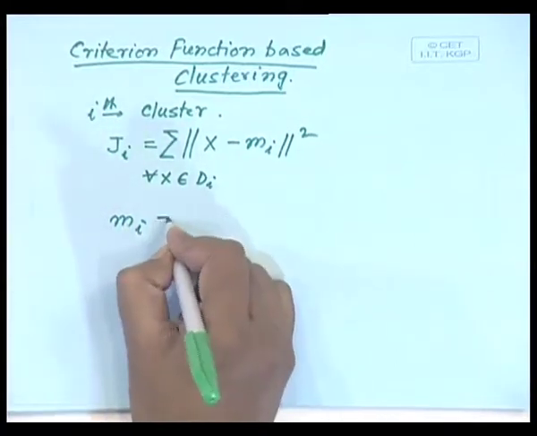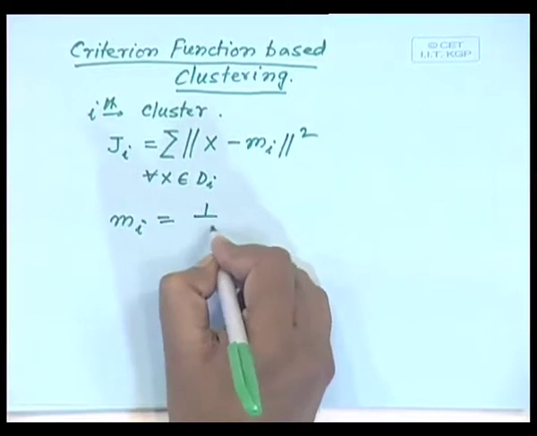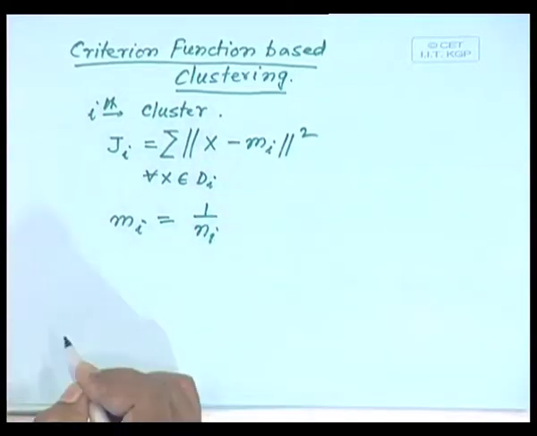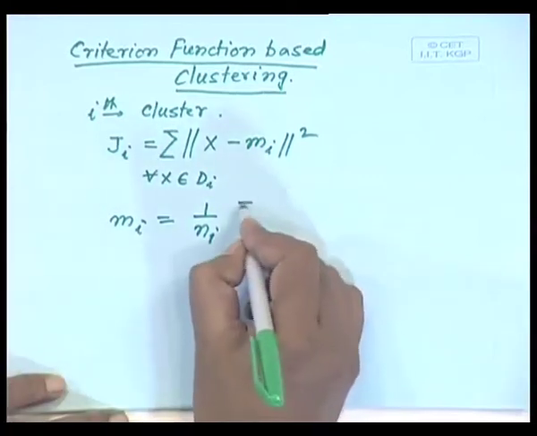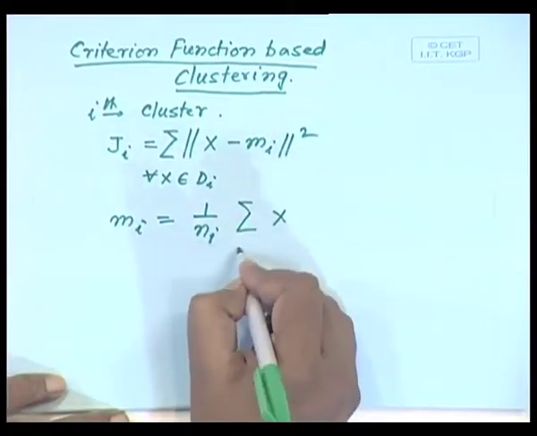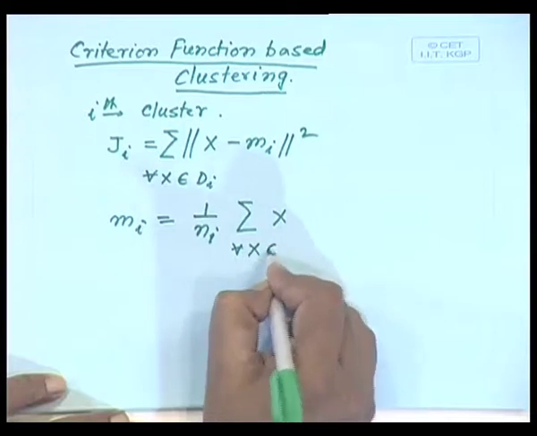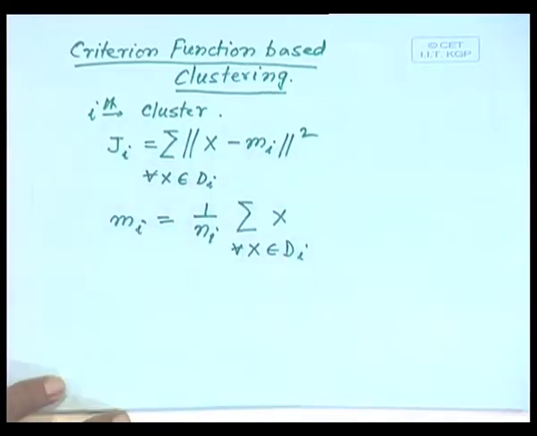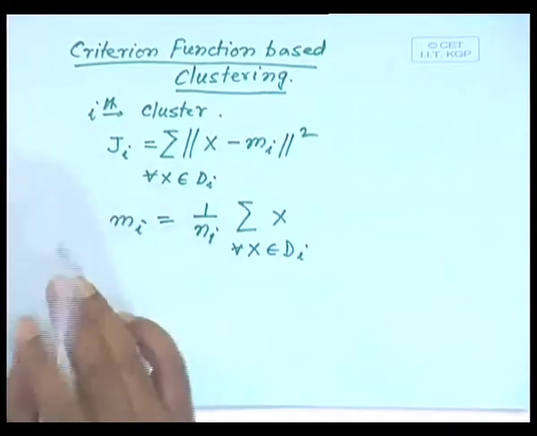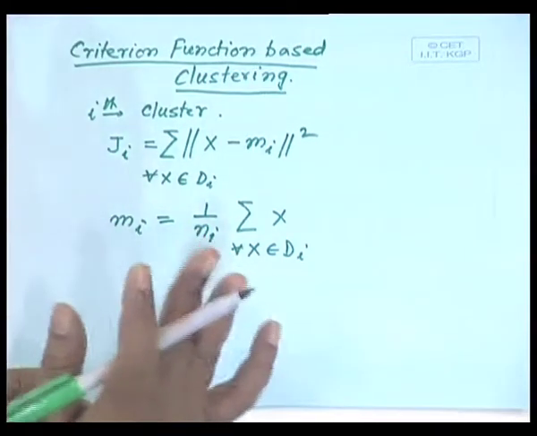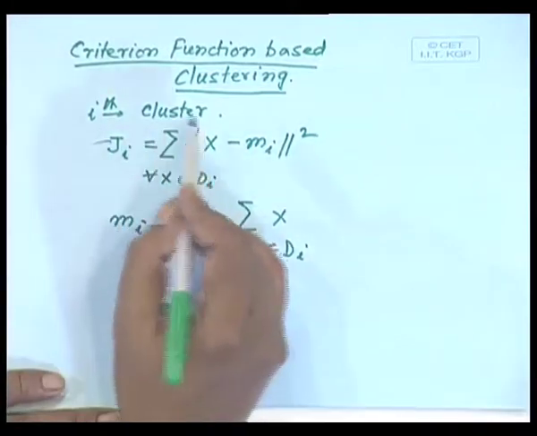So, m_i is simply 1 upon n_i, where n_i is the number of feature vectors put into set D_i, times the summation of x for all x belonging to D_i. Okay. So, I compute this for every cluster i, where i varies from 1 to k, as I am considering k number of clusters. Okay.